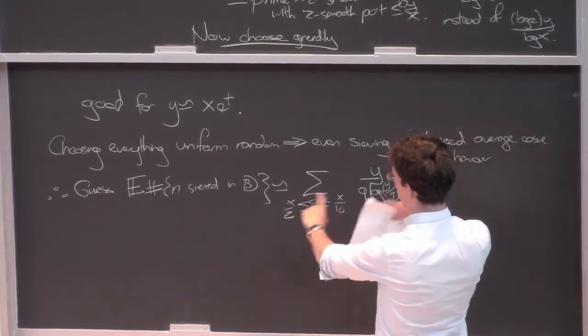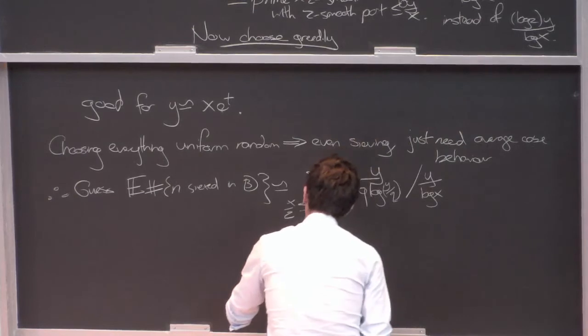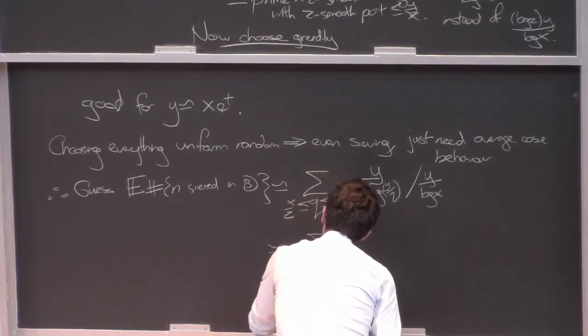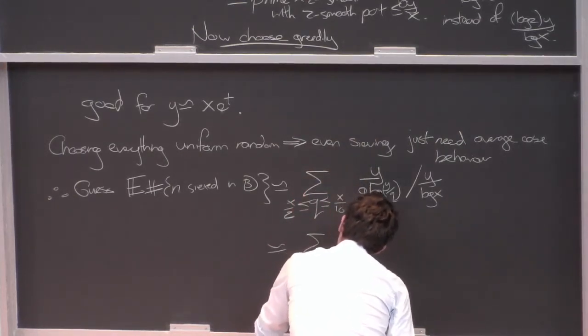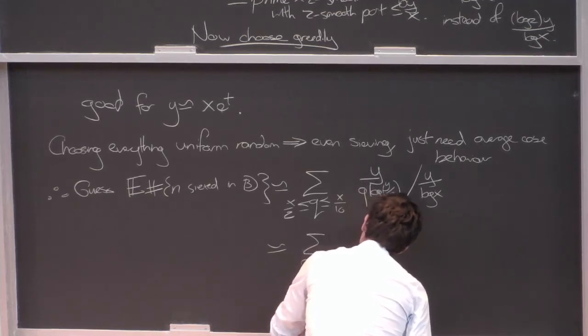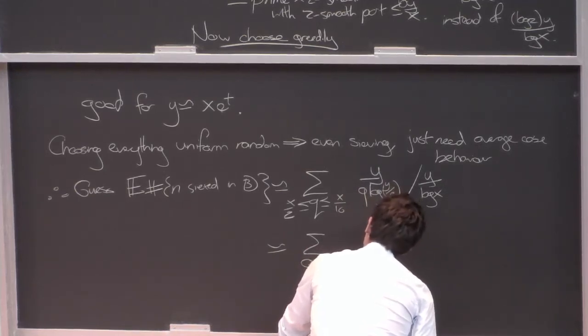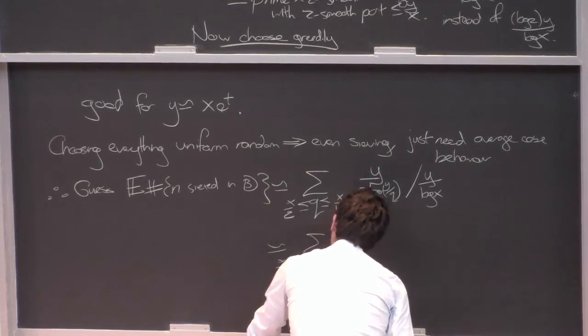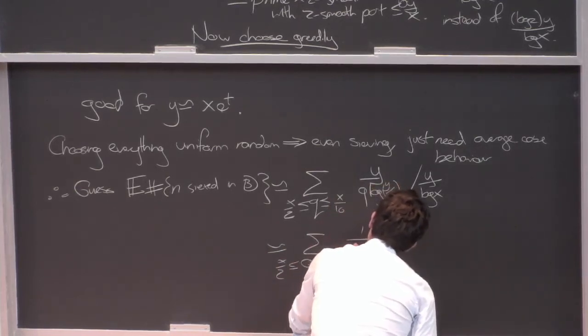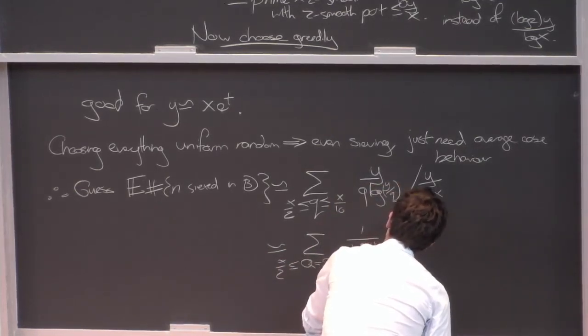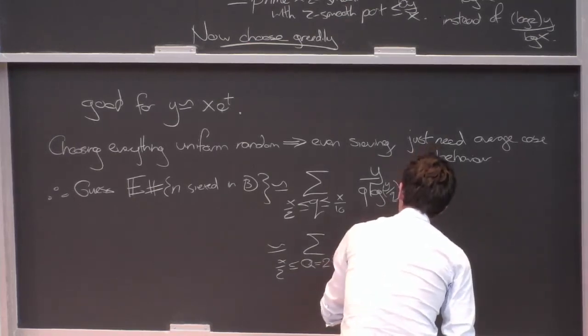And you can simplify this a bit and put everything into dyadic intervals. So this is then the sum of q equals 2 to the j between x over 10 and x over z of 1 over log y over q.